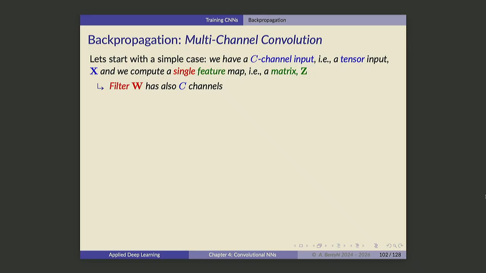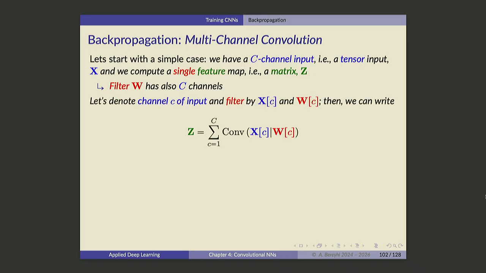My filter has the same number of channels, and then I can write down my convolution in this form. And this is the whole trick that you need to realize if you want to do the backpropagation in this case. Everybody, please take a moment, look at this equation, and tell me if you see that it is correct or not.